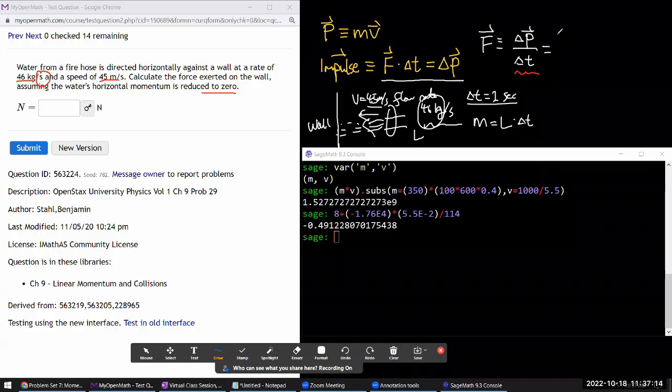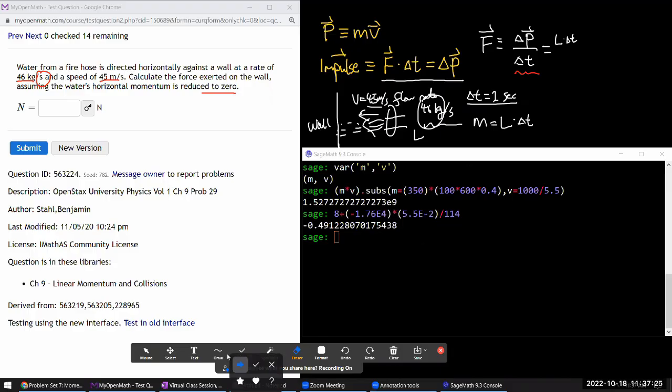That will be the mass, L times delta t, times the change of velocity as an absolute value, unsigned quantity, which is V initial minus V final, which is 0. So V initial is just the initial velocity.